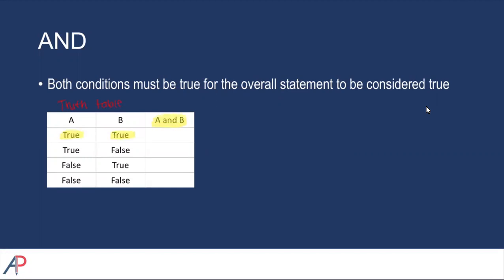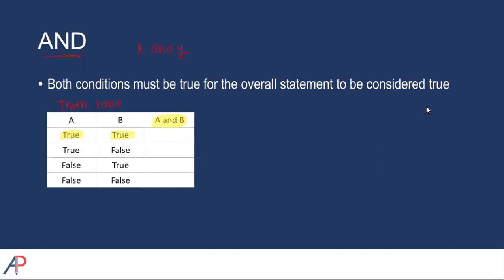When you combine that into one specific statement, like true and true, you would just tell me what that output would be. Would that be true or would that be false? Before we do that, let's just talk about what and means. In the previous slide, I had x and y, and specifically wrote that both conditions must be true for the overall statement to be considered true.